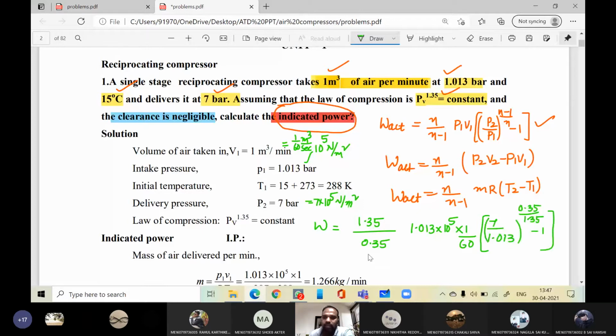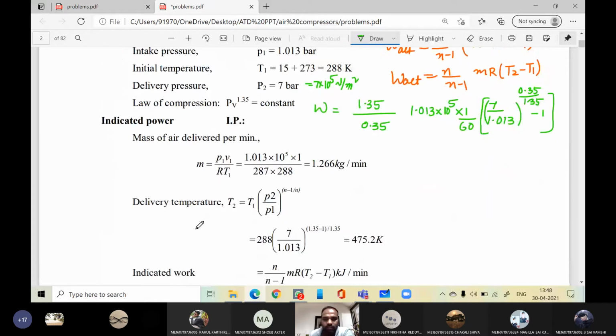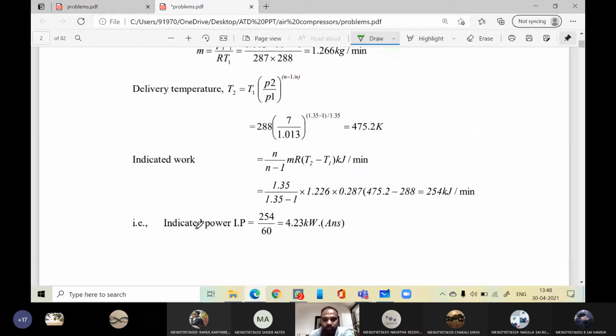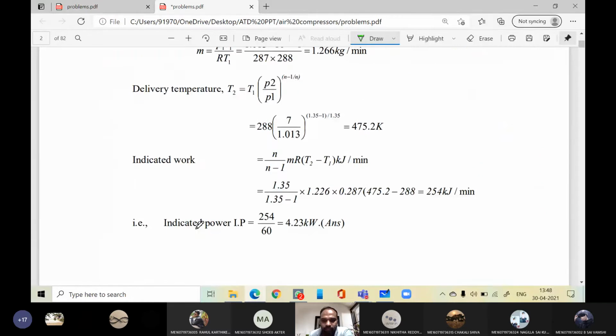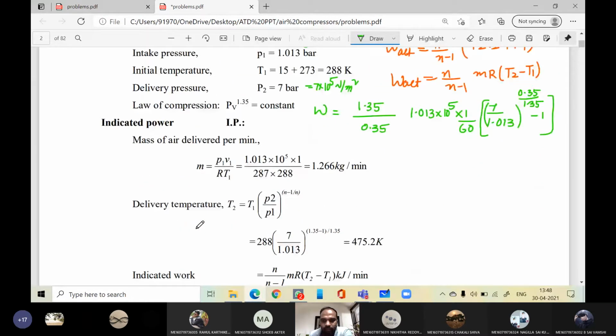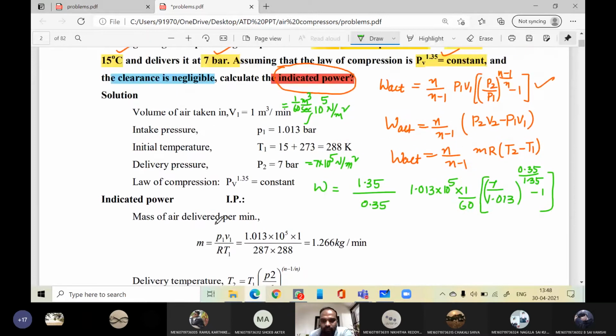Simplify this one, you will get the work. Use your calculator.